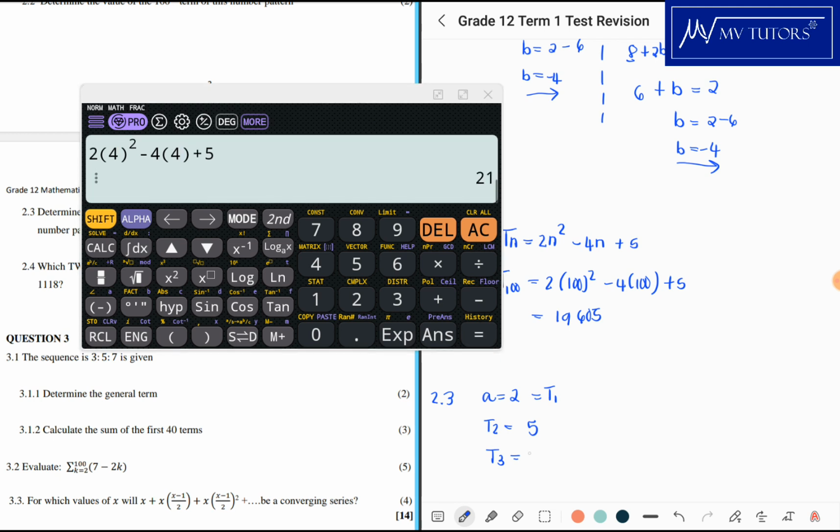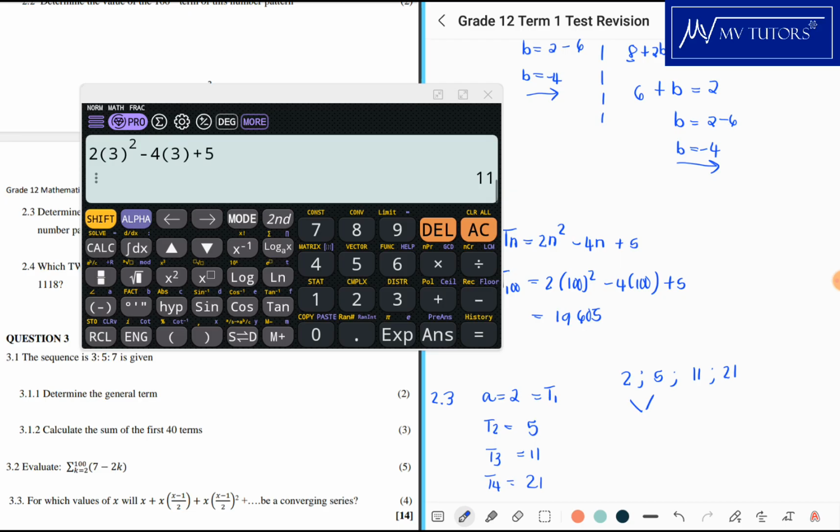Okay, so it's 21. Wait, did I just put the 4th term? Okay, I calculated the 4th term. Here I am thinking I'm calculating the 3rd term. Okay, so that's T3. Now T4 is 21. Let's go get T3. Okay, so that's 11. So we have 2, 5, 11, 21.